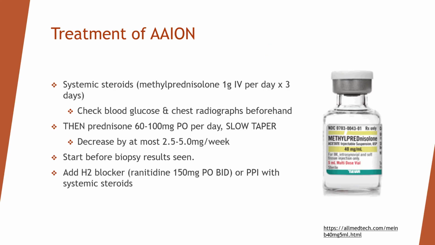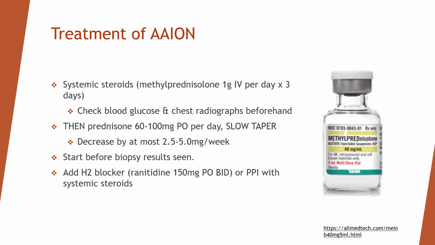Treatment of AAION is systemic steroids. You can give methylprednisolone IV 1 gram per day for 3 days, and it's important to check the blood glucose and the chest x-rays before that. Steroids tend to increase the blood glucose and suppress the immune system so that the chance of pulmonary infection is more likely.